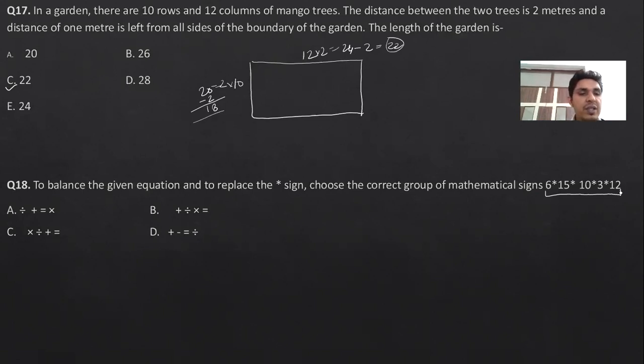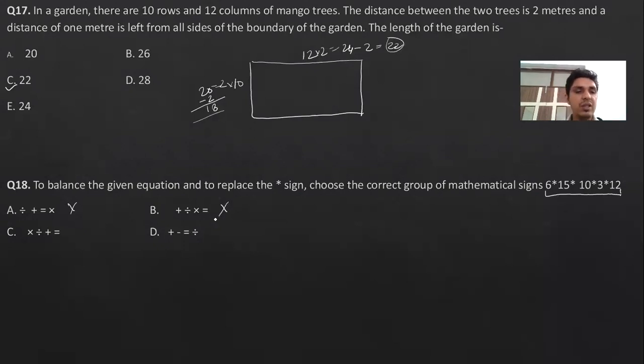Okay, so if we check option number A, 6 divided by 15 plus 15, 6 divided by 15, we will get a decimal answer, 0 point something, so this cannot be a possible solution. If we check for option number B, 6 plus 15, that is 21, divided by 10, that is 2.1, again the answer is a decimal, so this cannot be the possible option.